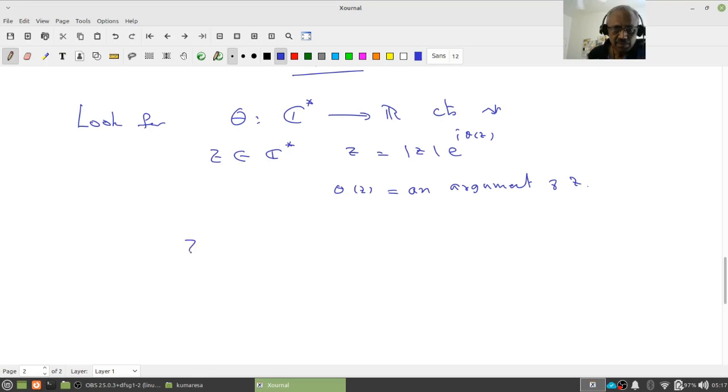Given a z, I want to look at theta z, a real number t which is an argument of z. This is an infinite set out of which I choose one. Somehow I want to make a choice: among all infinitely many choices, I make one single choice, z going to theta z. Now that becomes a mapping from C star to R. Then I want to know whether it is continuous.